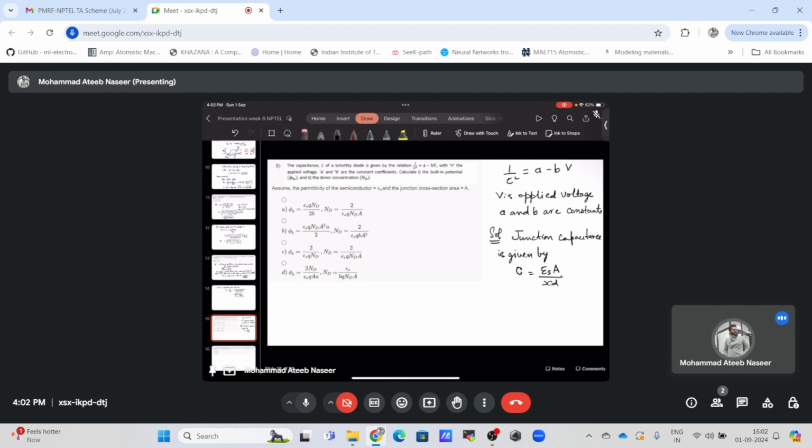But we know xt is the depletion width and it is equal to 2 times epsilon s phi bi minus v by q Nd, under the square root. So C is epsilon s A by the square root of 2 epsilon s phi bi minus v by q Nd, or simply 1 by C is the square root of 2 times epsilon s phi bi minus v by epsilon s square A square q Nd.